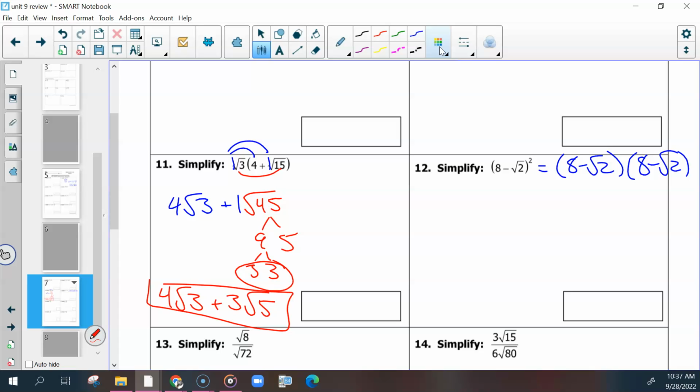The very first term times everything in the second. The second term times everything in the second. After you rewrite, then you start to distribute.